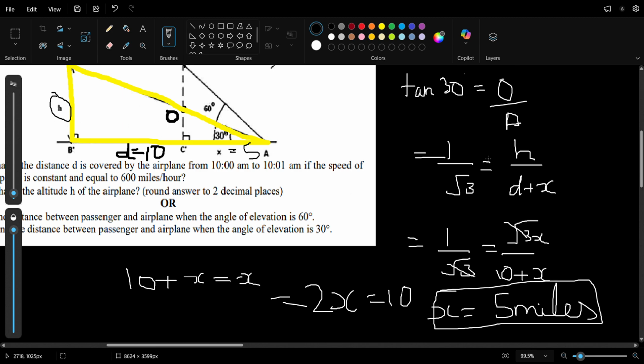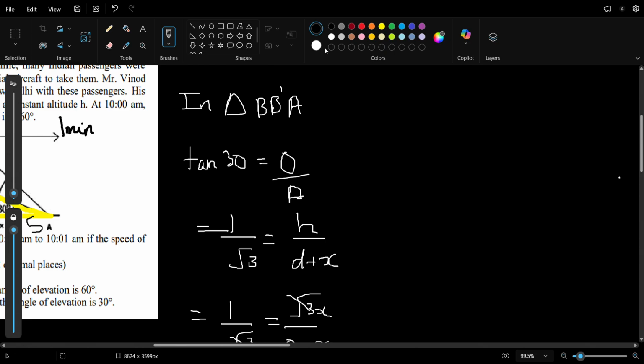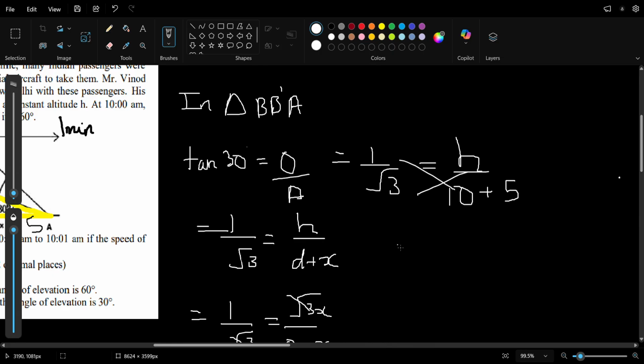Now I can find the value of h easily, because tan 30 equals opposite, which is h, so we'll just substitute the values here. Tan 30 equals opposite by adjacent, 1 by root 3 is equal to h by 10 plus 5. If you cross multiply, you get 15 equals h root 3.